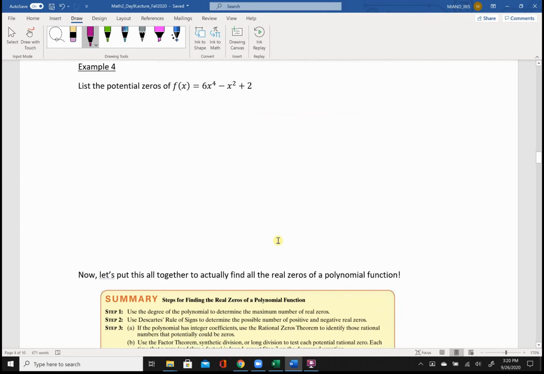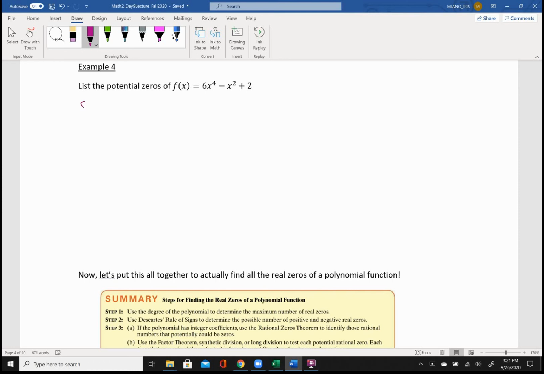We're going to list the potential zeros of f of x equals 6x to the 4th minus x squared plus 2. So the first thing we want to notice is now we have 3 terms here.